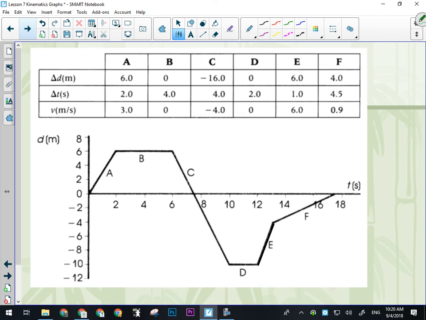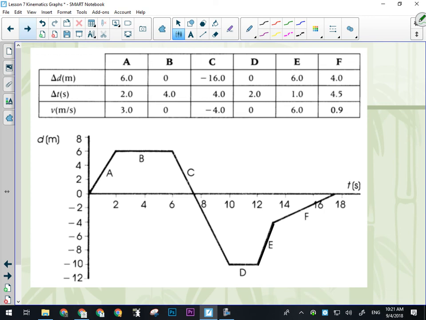Okay? All right, what's going on in part B of the graph? Marion, what's going on in part B? What's happening to the object's position here? Not changing. Okay, so the object is standing still. Okay, not going anywhere for part B.